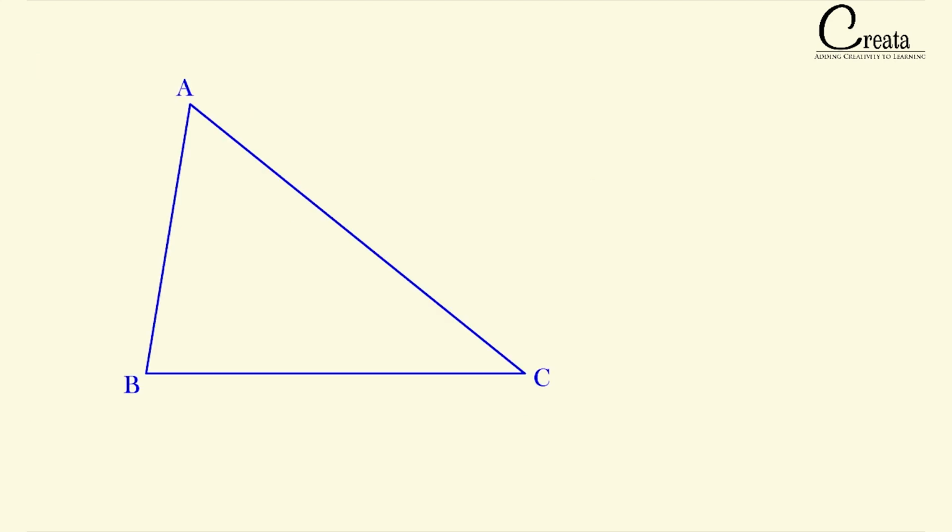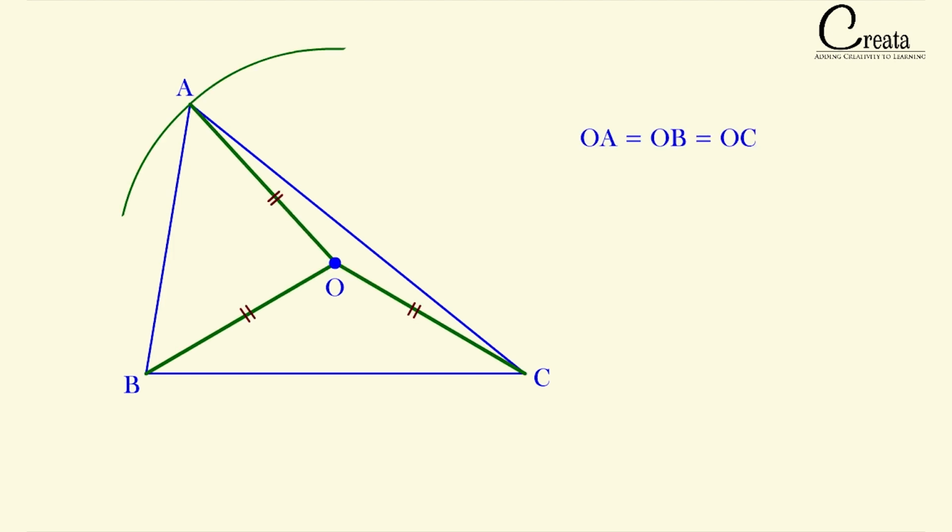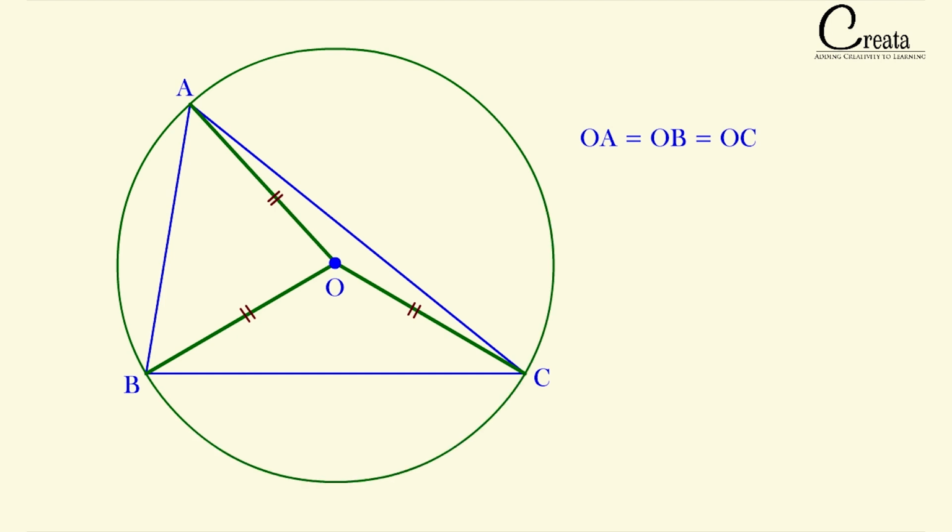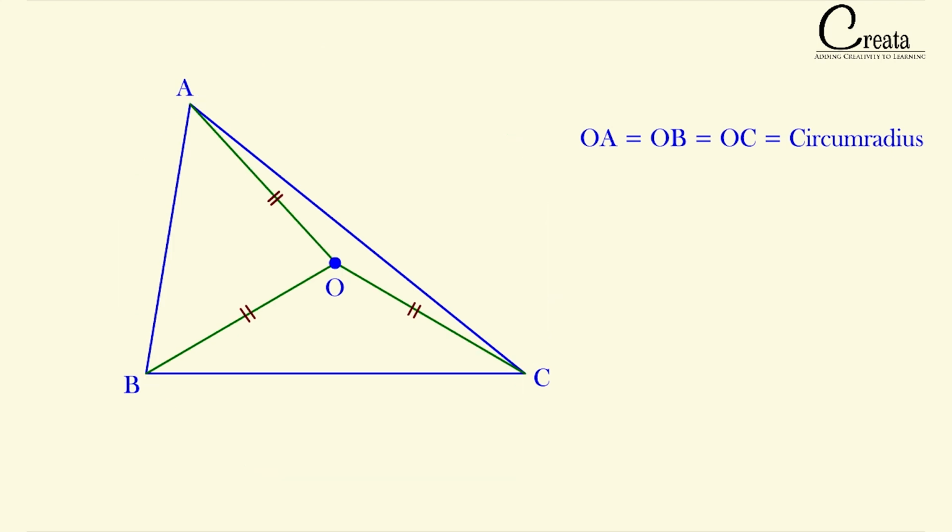One interesting thing that we observe in this question can be an observation point for your further questions. For a triangle ABC, if O is the circumcenter, then OA, OB and OC will be equal to each other. Why? Because the circumcenter is equidistant from the three vertices of the triangle, and OA, OB and OC are the circumradius. Further, by joining the circumcenter with the three vertices, we get three triangles, and all these three triangles are isosceles.